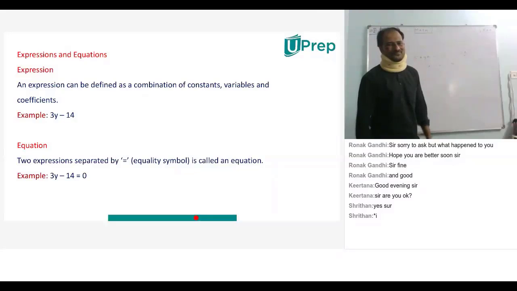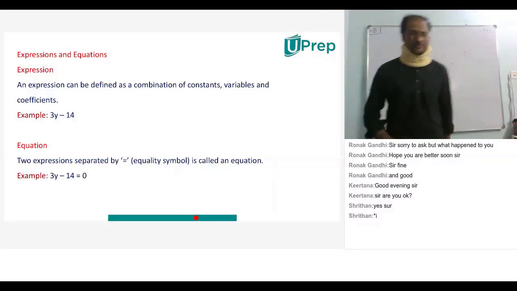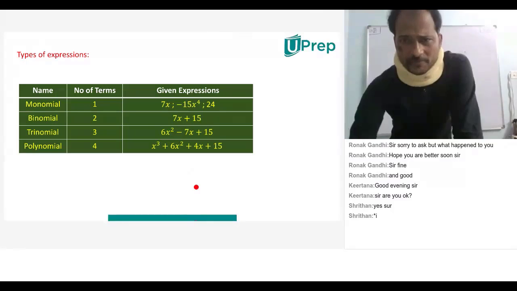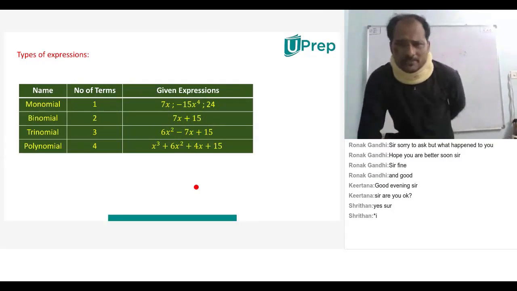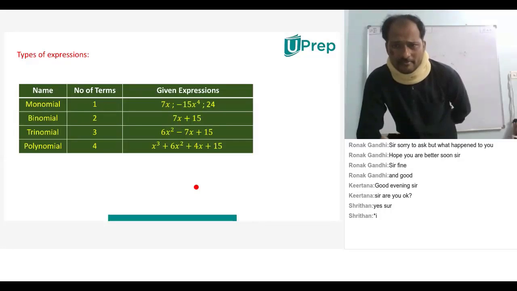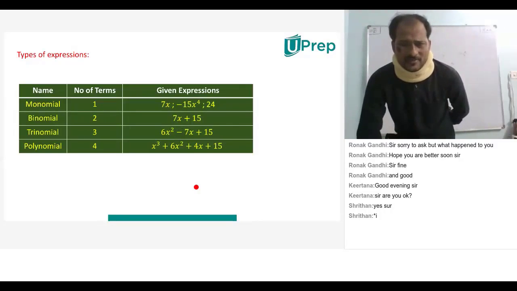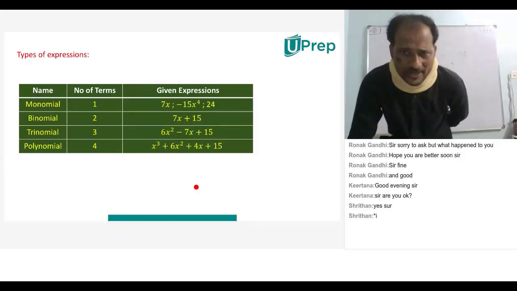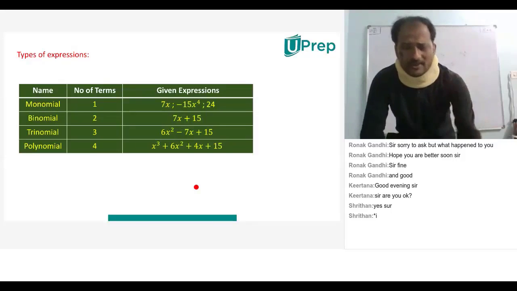Okay? Yes, sir. Now, types of algebraic expressions. We have monomial, binomial, trinomial, and polynomial. Basically, all are polynomials only. Here they have given a separate example for polynomial.